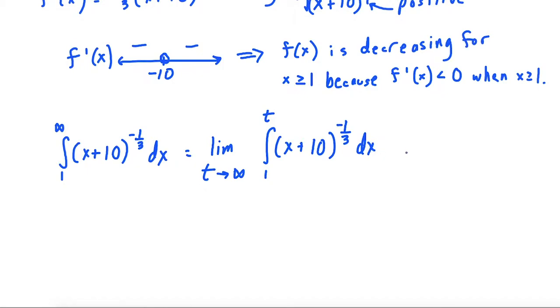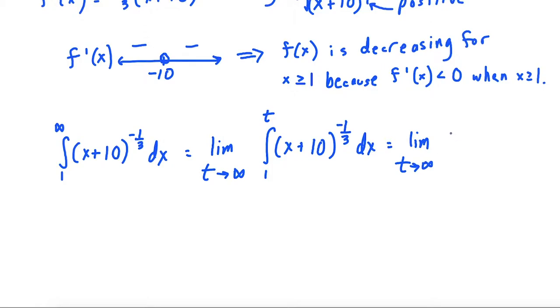So I could do a u substitution here, but if I let u equal x plus 10, the derivative of x plus 10 is 1. So this is a situation where I could just use the power rule for antiderivatives, and it's not going to matter. Later on, we'll have to do a legitimate u substitution, but here I could just evaluate this integral straightforward. So this would be the limit as t goes to infinity.